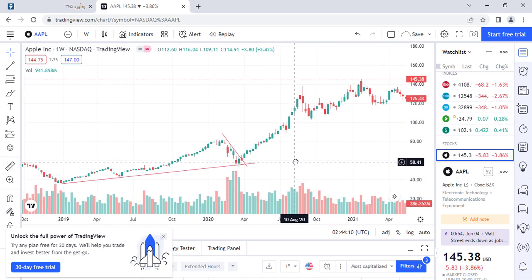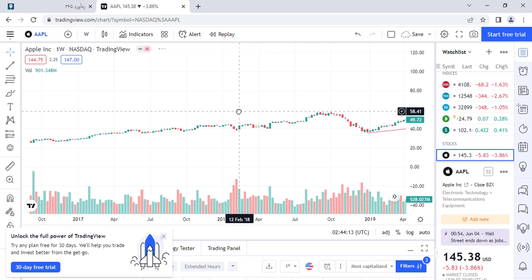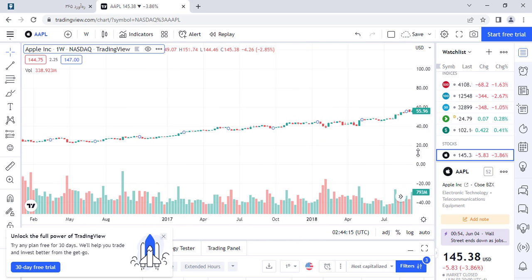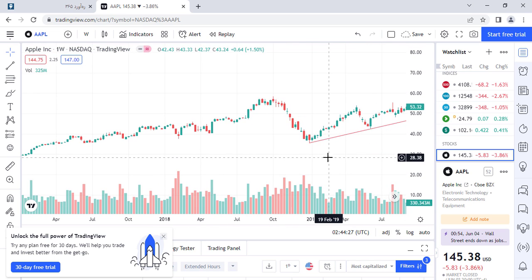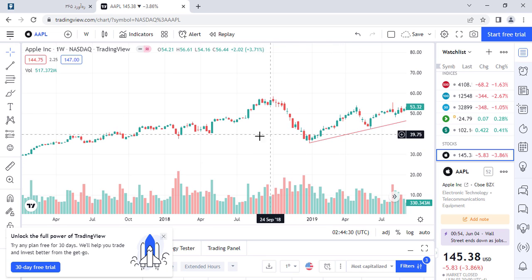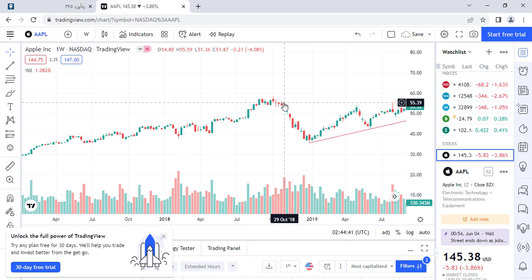Let's see some examples. It's hard to find examples of this candle because the trend of the Apple company stocks is upward. For example, this candle looks like that, but it has two shadows, on the bottom and on the upside of the candle.